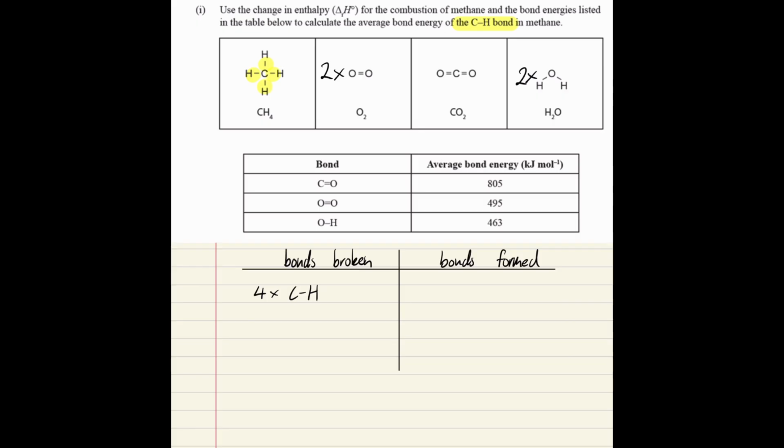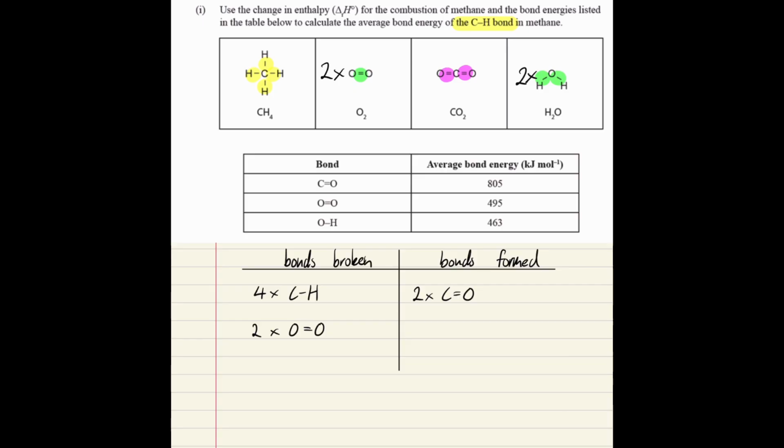I then look at my equation and I have still got in my reactants 2 O double bond O. So 2 times O double bond O. And then I've got CO2, so CO2 is C double bond O times 2. So 2 times C double bond O. And then I don't have another color, so I'll just go yellow again. Oh, we'll go green.